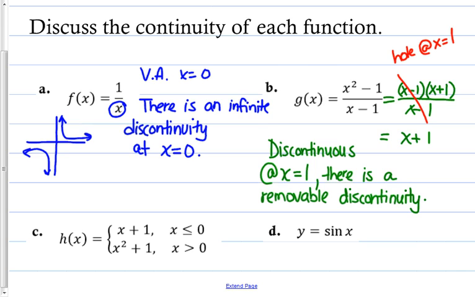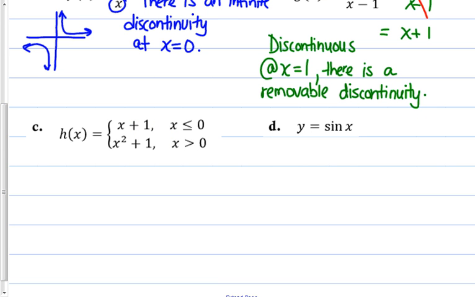All right, next. Okay, C is a piecewise function. If you remember this word from, I think, Algebra 2 and Pre-Calc. It's basically like pieces of functions put together to make like a new function or a new graph. Piecewise functions are interesting because they're actually split up into pieces.